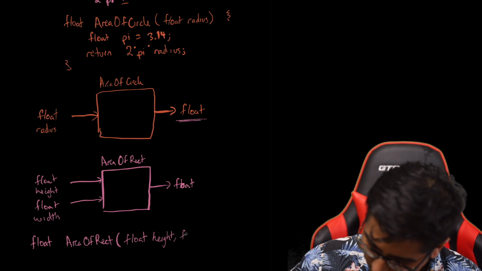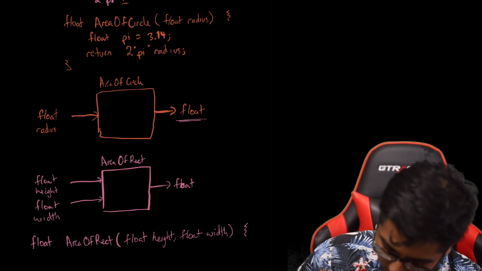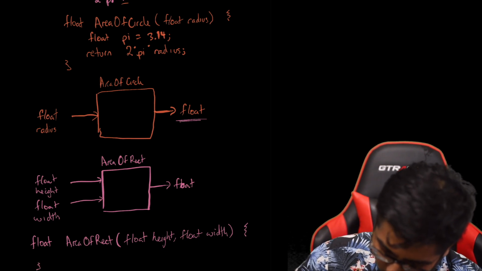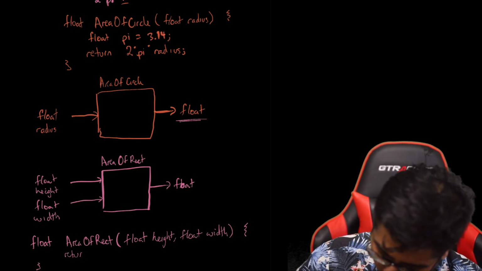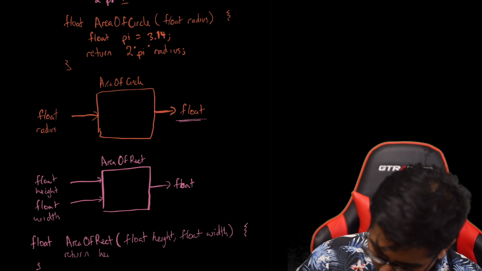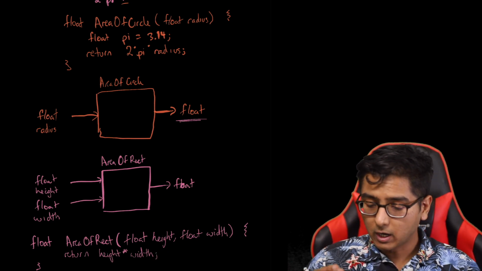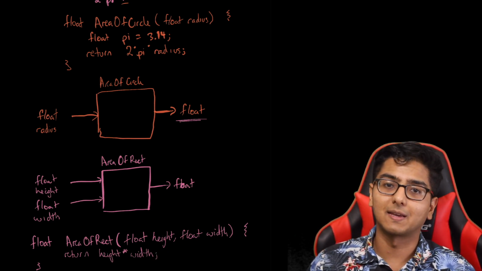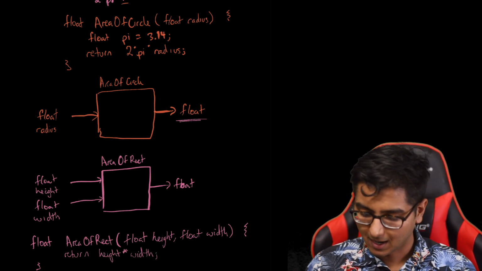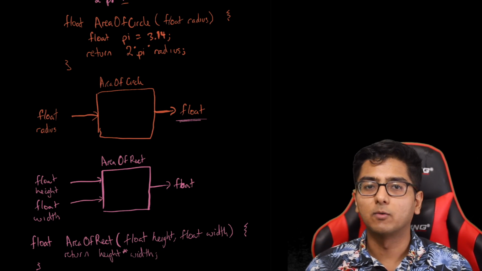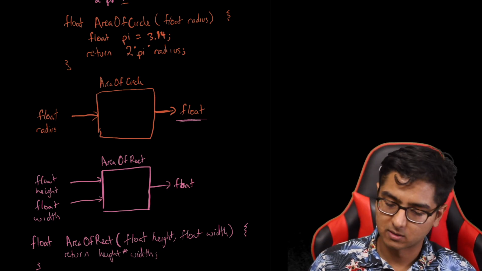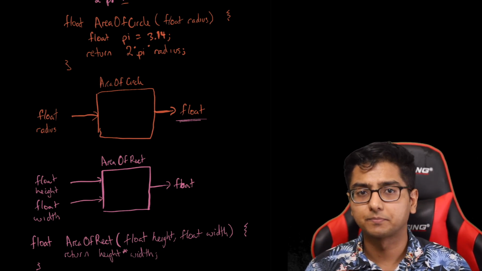The second one will be a float named width. And in the curly braces, I can describe the body of my code to say return height times width. So now I have written a function that is taking in two inputs, height and width, and then returning to me one output, which is the area of the rectangle.